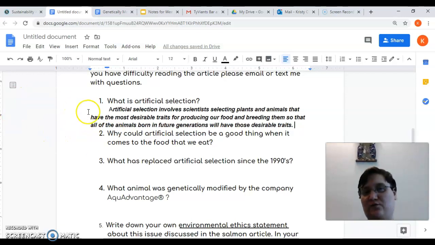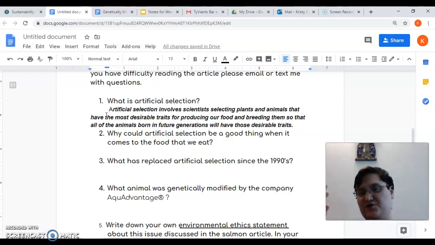This is something totally different. This involves just basic breeding of animals or plants, right? So say like a cow. Say there's something special about this one cow, and we know that it's going to produce good milk, right? So we have this male cow that has this certain trait, and this female cow that has this certain trait.